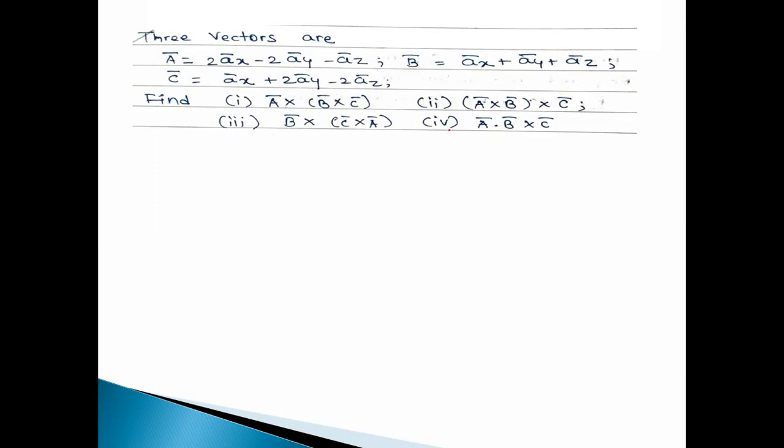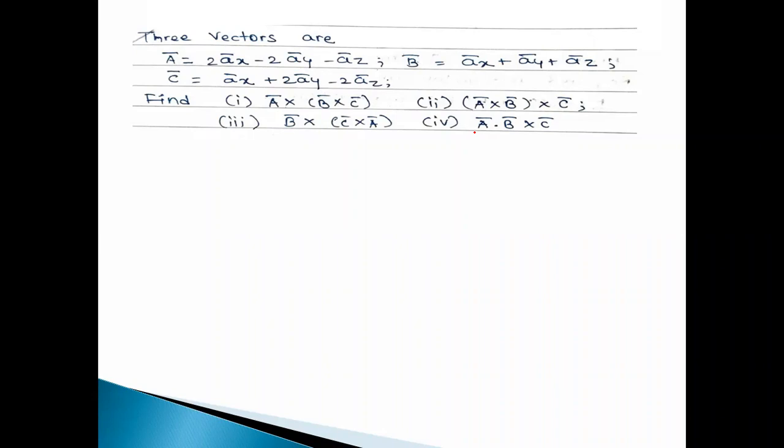And the second one, a bar cross b bar: no, 10 is not there. Minus 2 a bar x plus 2 a bar y plus 1 a bar z. Correct.